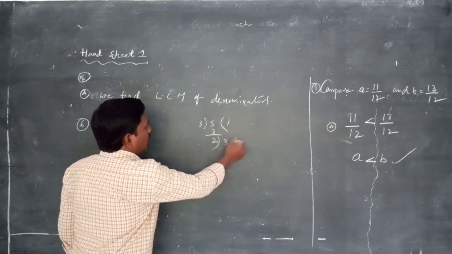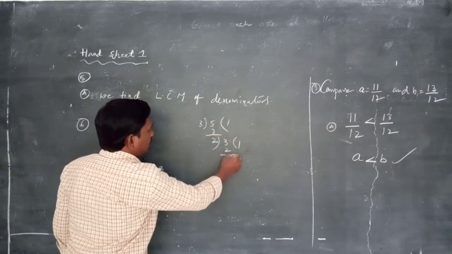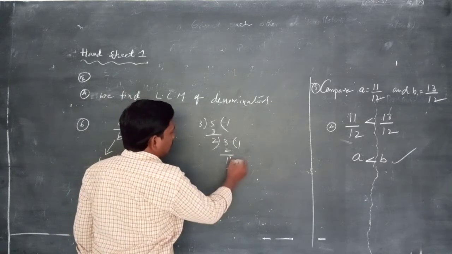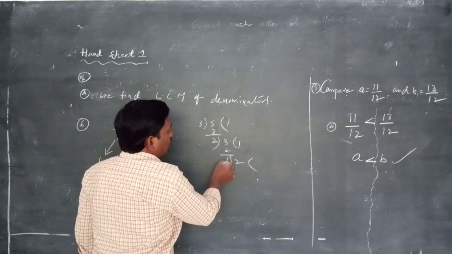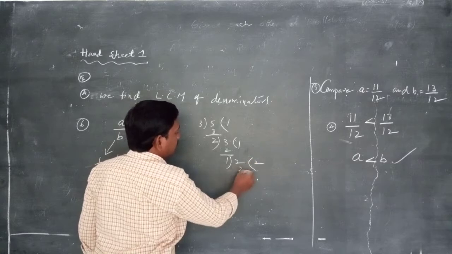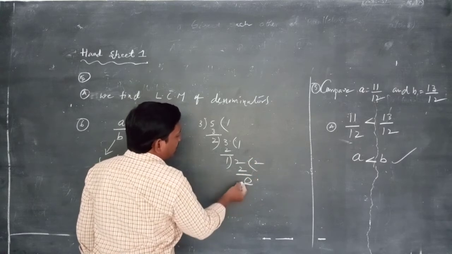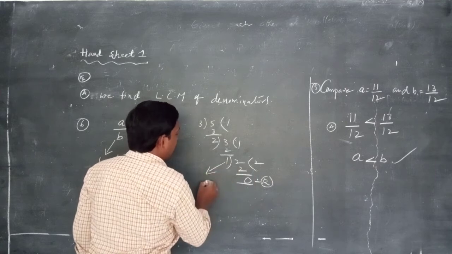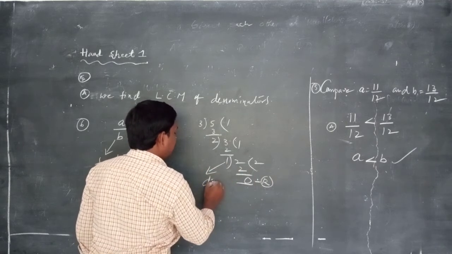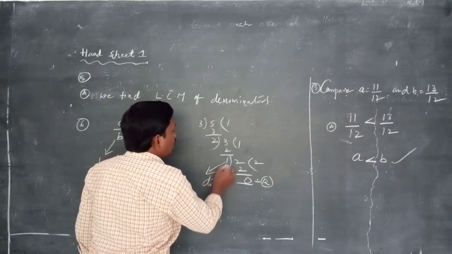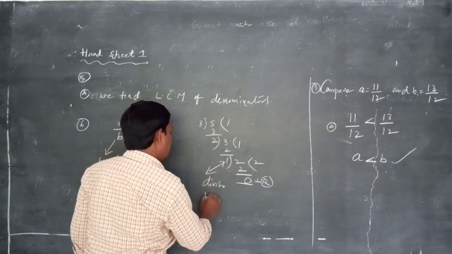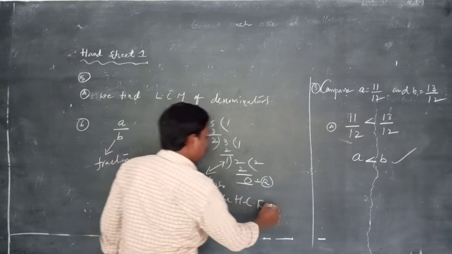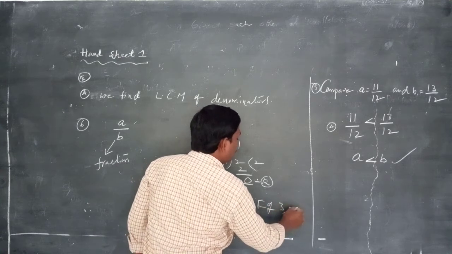Again 2 table 1 time, remainder 1. Then 1 table 2 times. When we got 0 as a remainder, 1 as a divisor, so 1 is the HCF of 3 and 5.